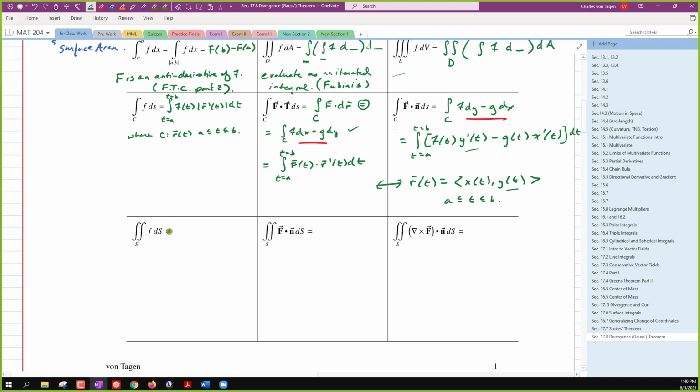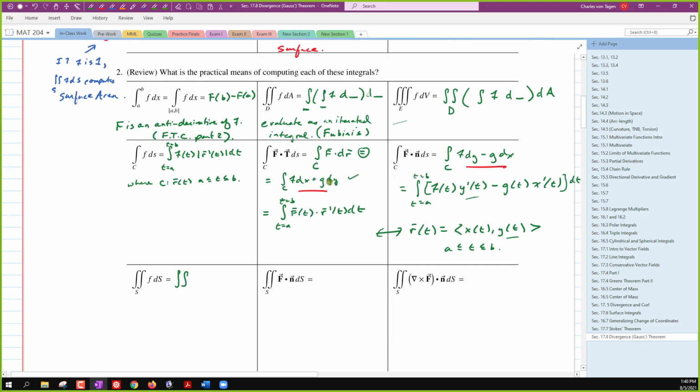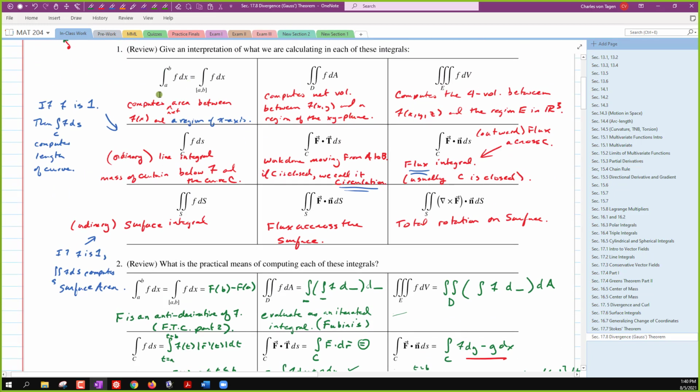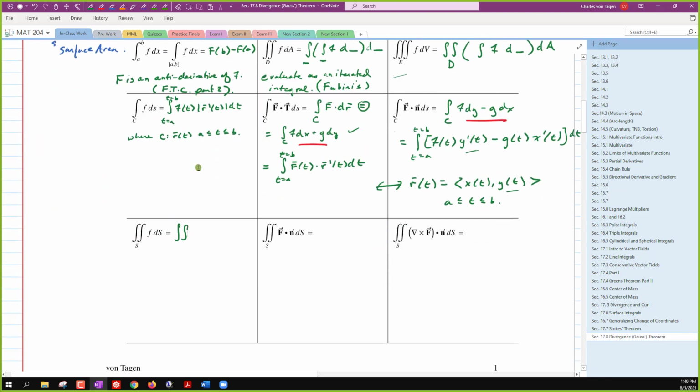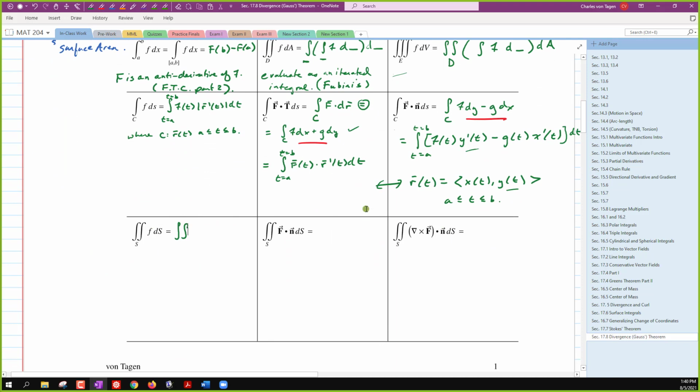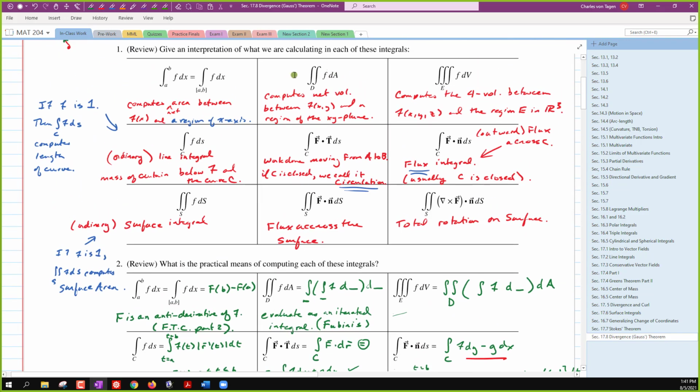If you want to evaluate this surface integral, we translate surface in. So notice that all 3 types of line integrals that we've looked at, we always transform them down to an ordinary Calc 1 single integral. All of our surface integrals, unless we're using some of our slick theorems, all of our surface integrals to do direct computation with, we transform them into a double integral.